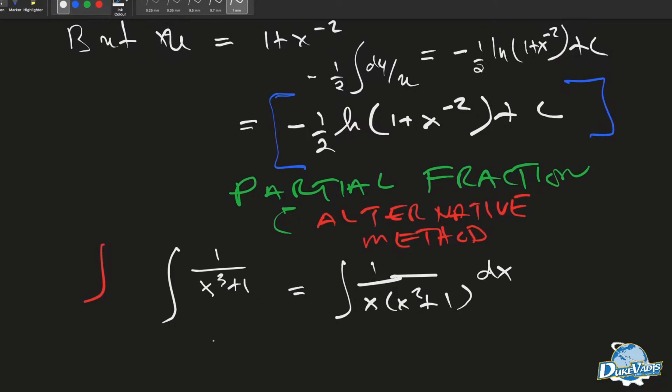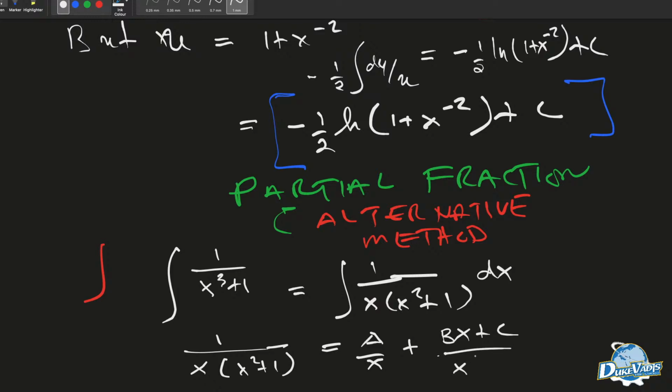So our equation will be 1 over x times (x squared plus 1) equals A over x plus (Bx plus C) all over x squared plus 1.